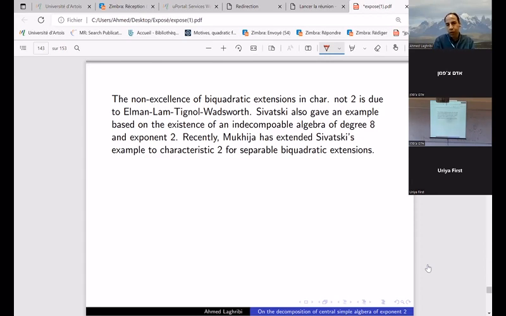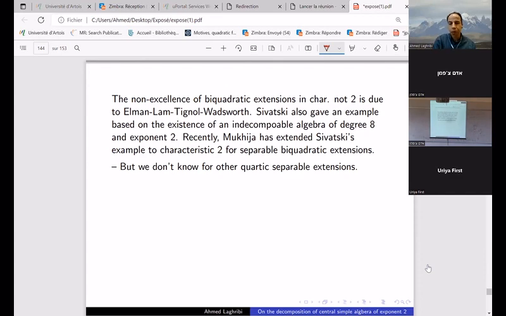A few years later, Sivatski gave another example that used the existence of an indecomposable algebra of degree 8 and exponent 2. And recently, Mokija extended these Sivatski examples to characteristic 2. But what about other separable quartic extensions? We don't know. There is nothing.